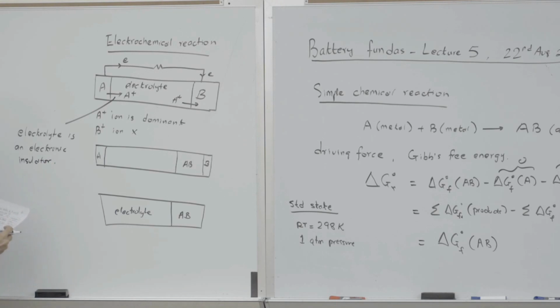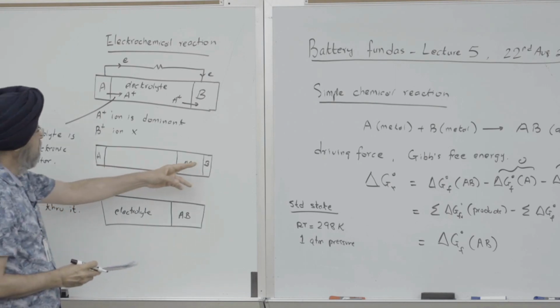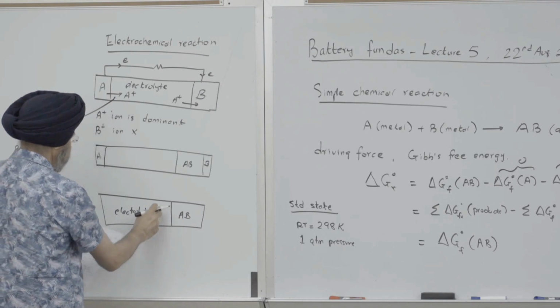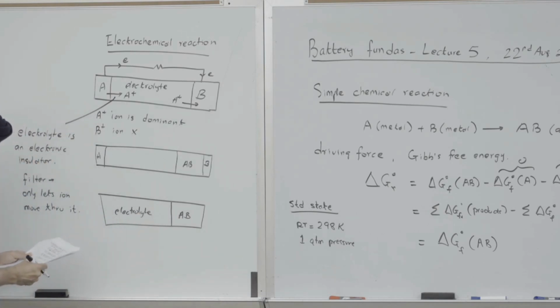So it acts as a filter. It only lets ions move through it, no electrons. And of course, the electrodes are electronic conductors, and the electrolyte is an ionic conductor.